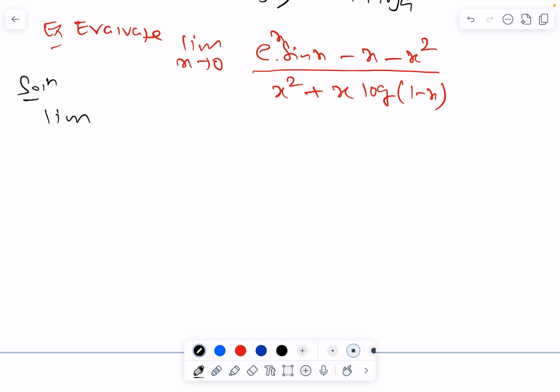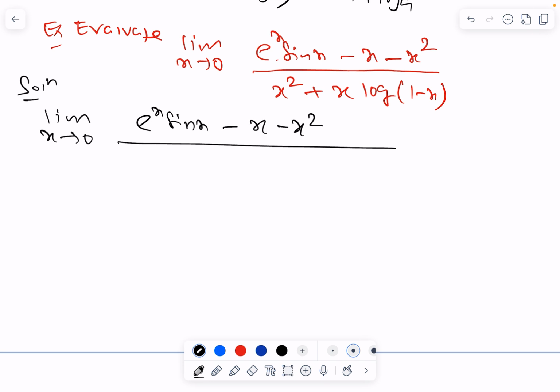So let us solve this. Limit x tends to 0, e power x sin x minus x minus x square over x square plus x log 1 minus x.